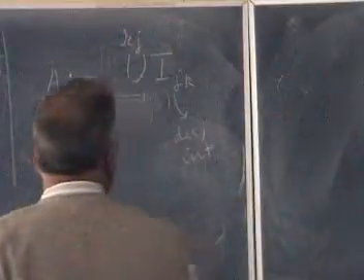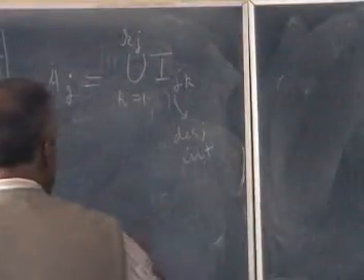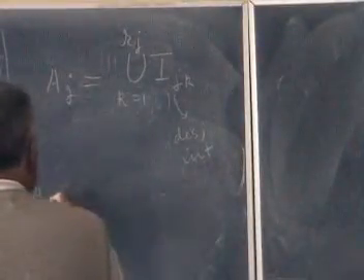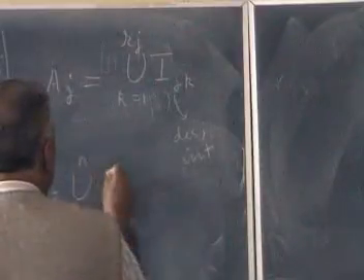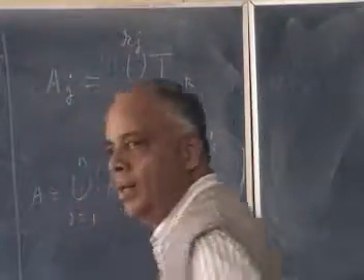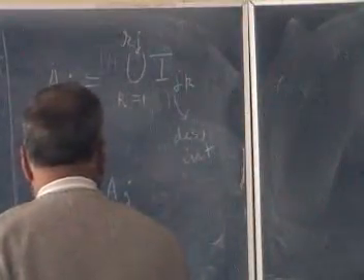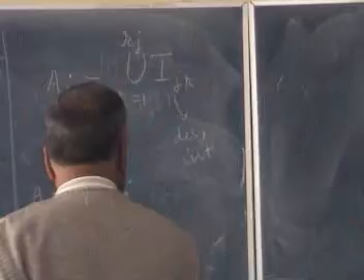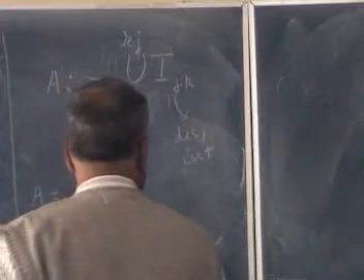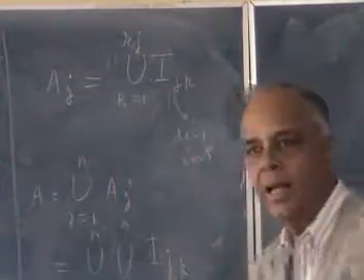Therefore, if I look at A equal to the union over j equal to 1 to n of Aj, that will be equal to the union over j equal to 1 to n of the union of Ijk.